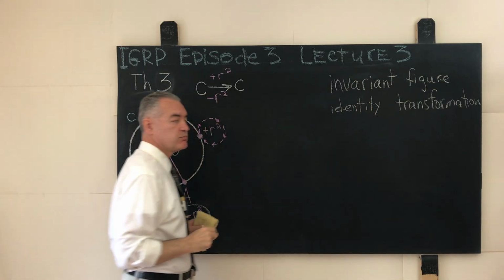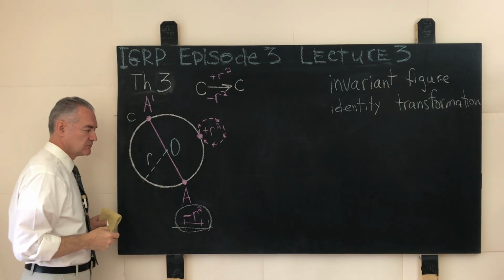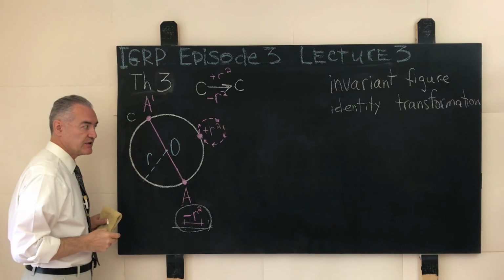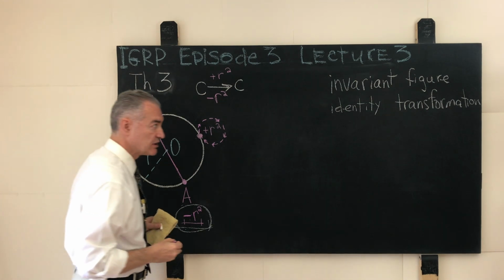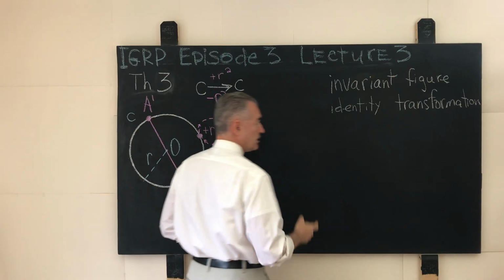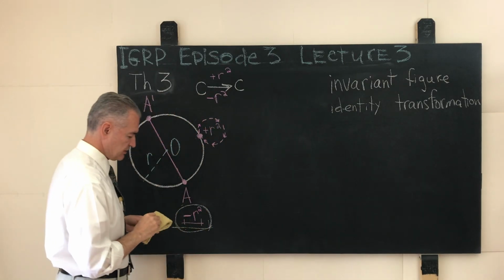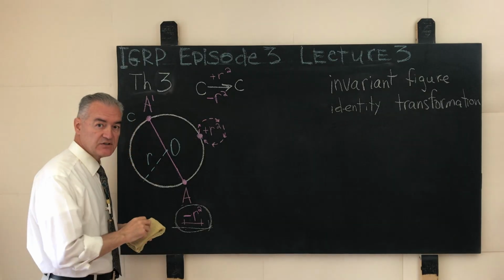This is the word that applies to the collection of points that make up this particular figure. That figure is called invariant, and the transformation that produced that invariant figure is called the identity transformation. And these identity transformations actually come in a variety of flavors.